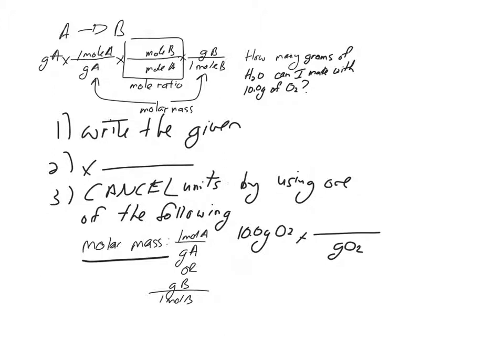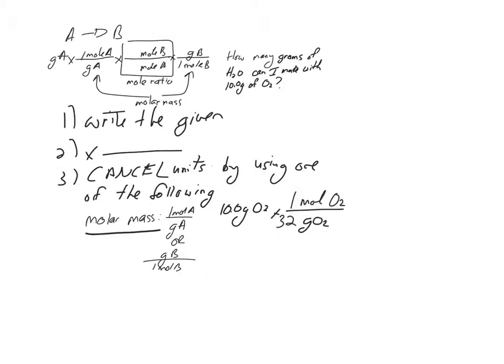And also, in order to cancel grams of O2, we put grams of O2 on the bottom, and this expression here happens to have grams on the bottom. So we copy the expression, but replacing A with O2, so we have grams of O2 on the bottom and 1 mole of O2 on the top. So there's my molar mass.